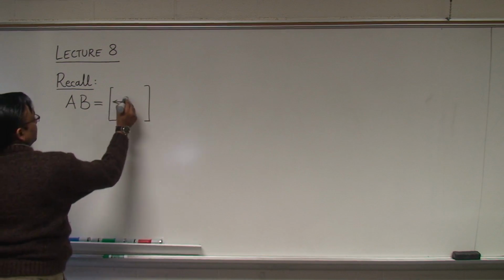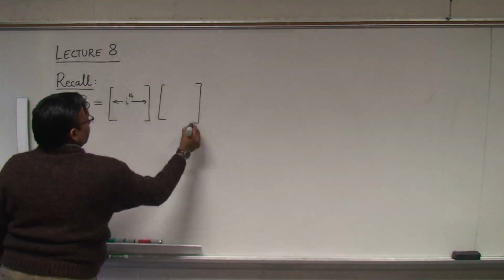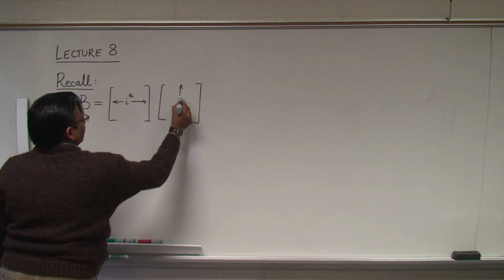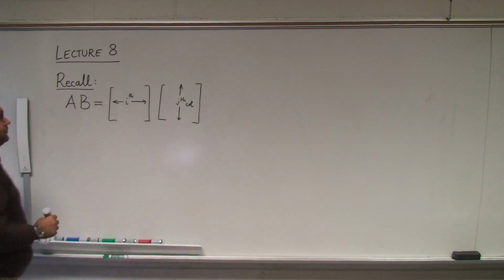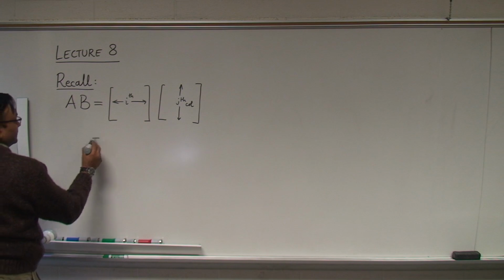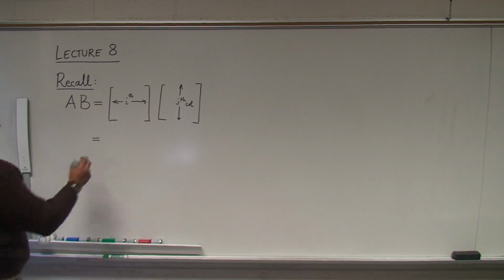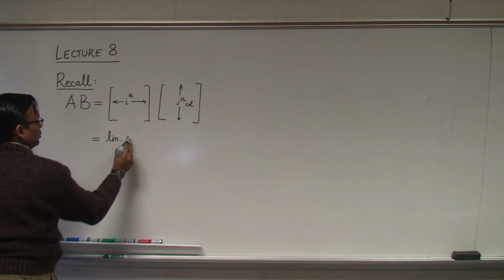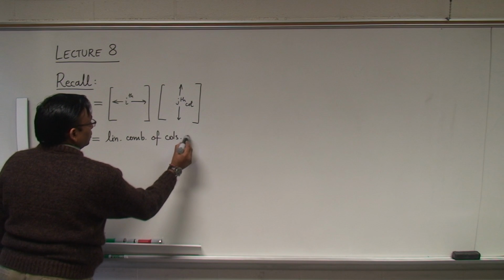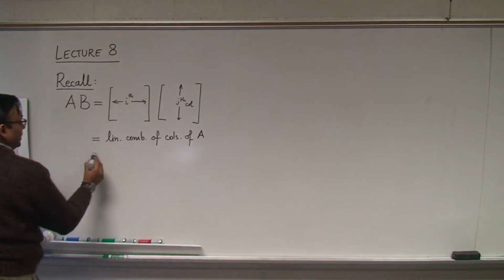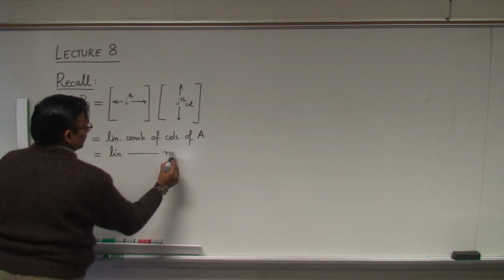One of them was taking the ith row of matrix A and taking its dot product with the jth column of matrix B. Then we had also said that this could be thought of as a linear combination of columns of A. And the matrix product can also be thought of as a linear combination of rows of B.